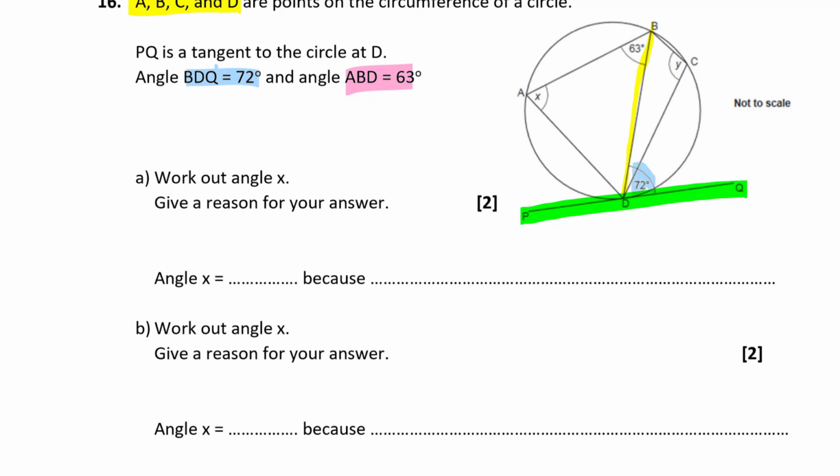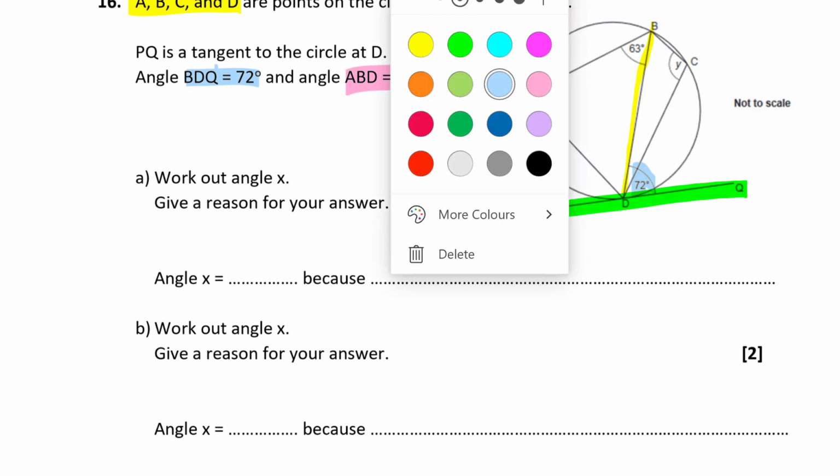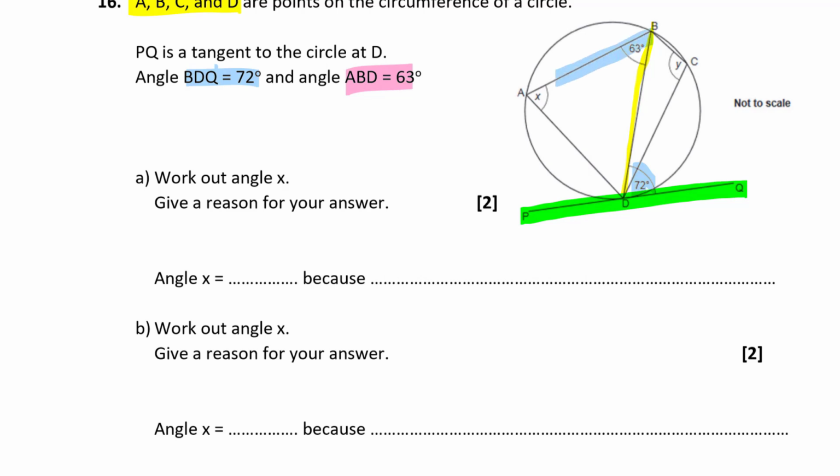That's between the tangent and that chord. Now, the alternate segment theorem says if I subtend an angle from that chord, so here, then that angle there is going to be the same thing as that angle down there. It's called the alternate segment theorem.